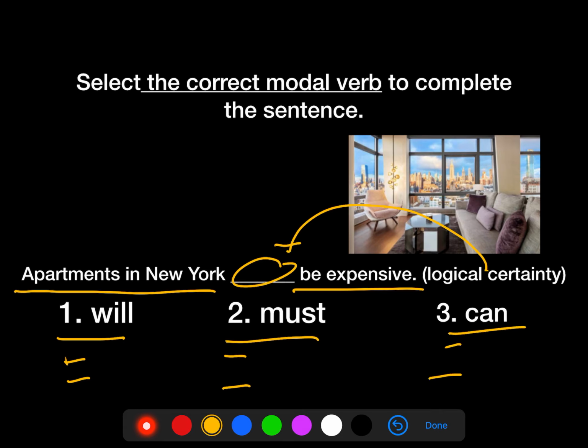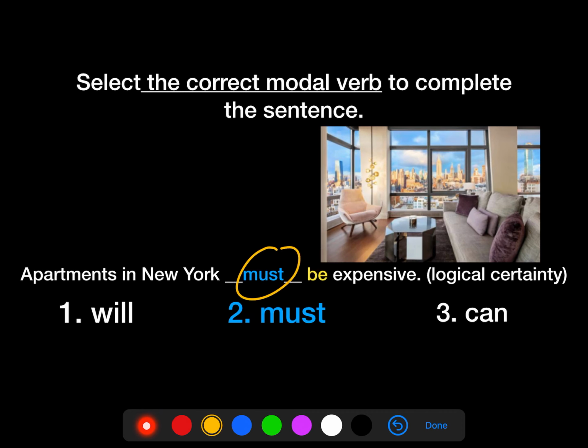Three, ability or permission. So which would be the answer? The answer is must. Must be expensive. So logical certainty. They just know. It's no doubt that the apartments in New York must be expensive.